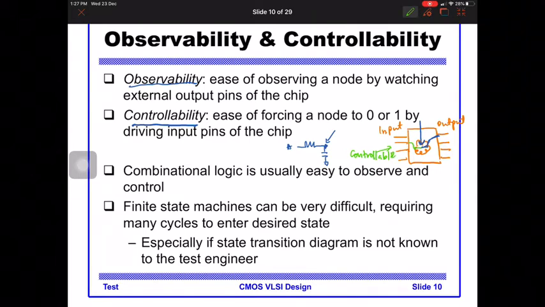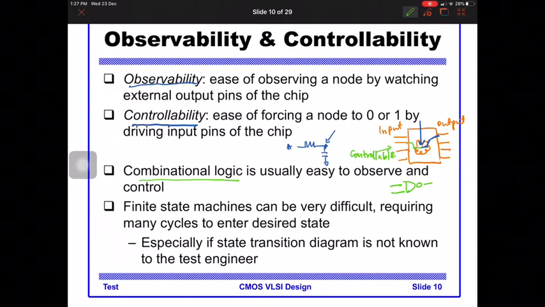So you can force a node to be 0 or 1 by using the driving input pins of the chip. Okay, this is usually easily done for combinational logic. Combinational logic is usually the static gates like the NAND, NOR, the normal ones, which have complementary inputs, PMOS and NMOS, right?